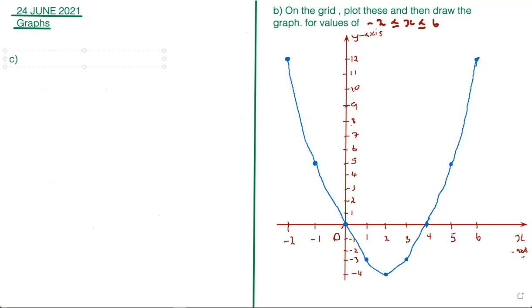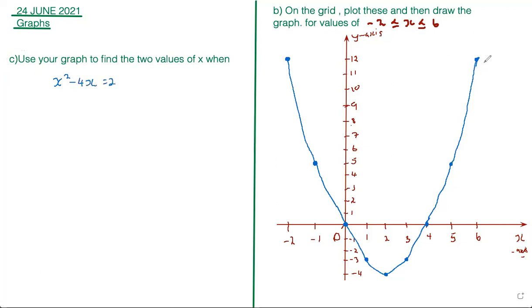Part C. Use your graph to find the two values of x when x squared minus 4x is equal to 2.